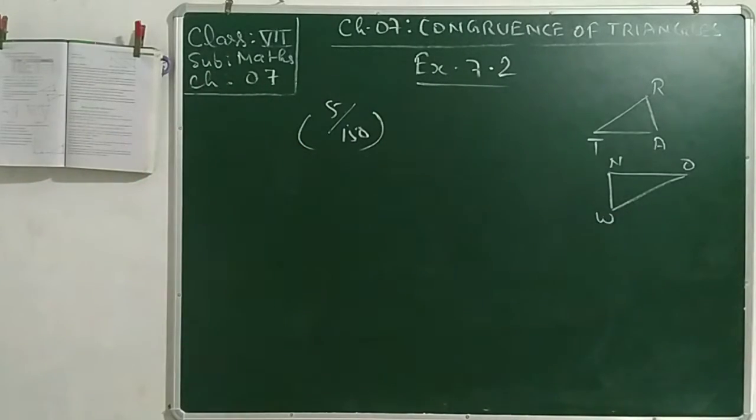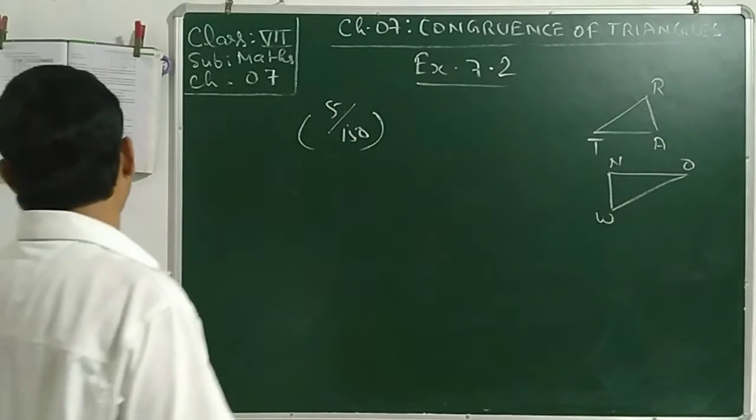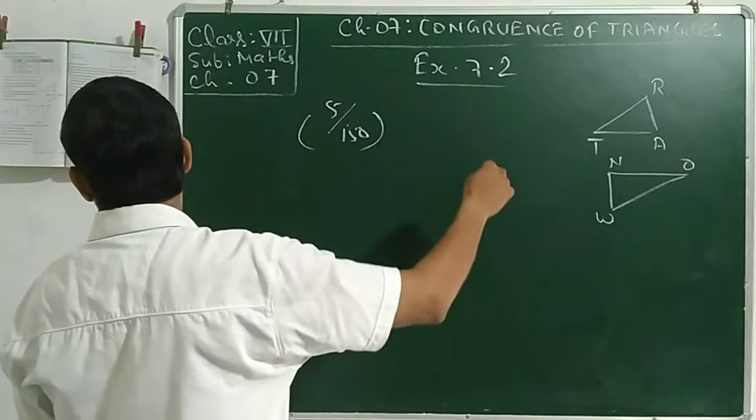In both of the triangles, the corresponding parts are marked. How are corresponding parts marked?